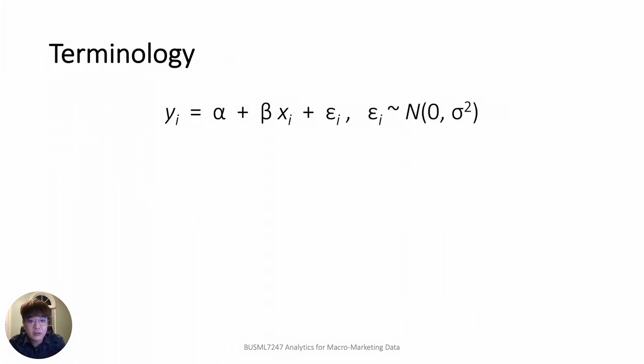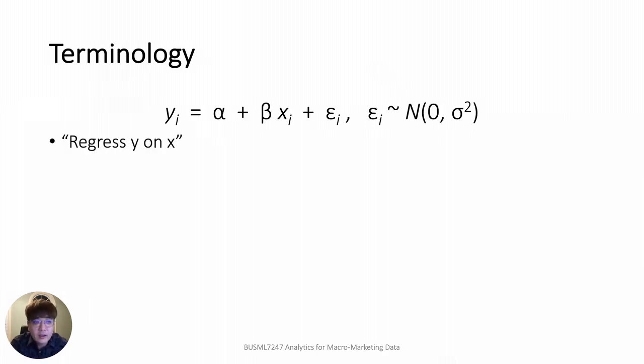All right, let's start with the simplest form of a regression model. Suppose that we have two variables, x and y, and we want to examine how y would change when x changes. This is the regression equation to do so.